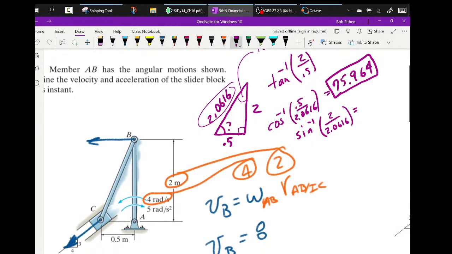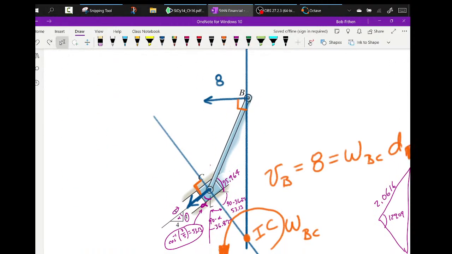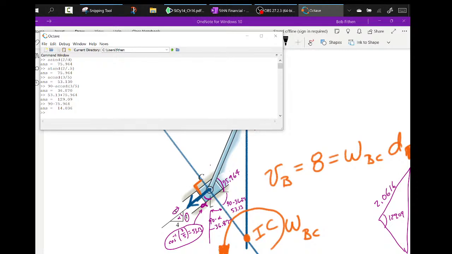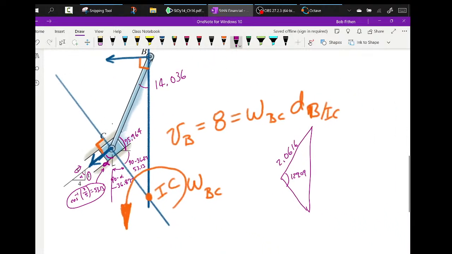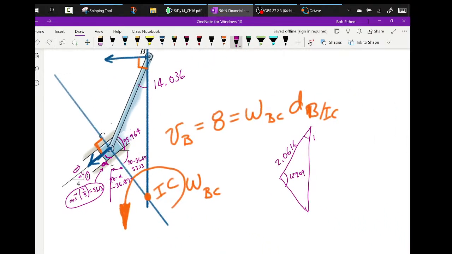Now, that angle between here and here is the same thing that sits right here. And I already forgot, 14.036. So now that tells me right off I can find this one.